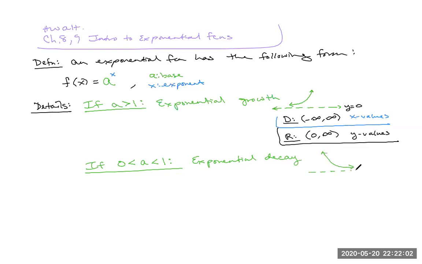You're going to have that asymptote again at y equals 0. And then essentially your domain is still going to be the same, and your range will also be the same.